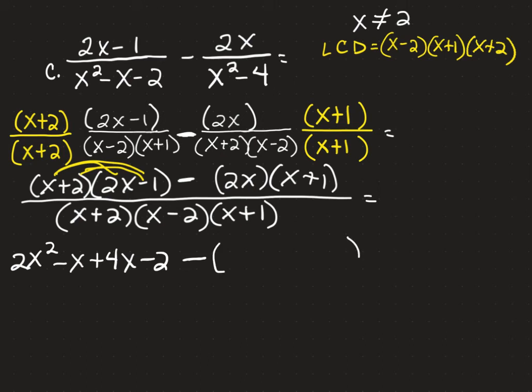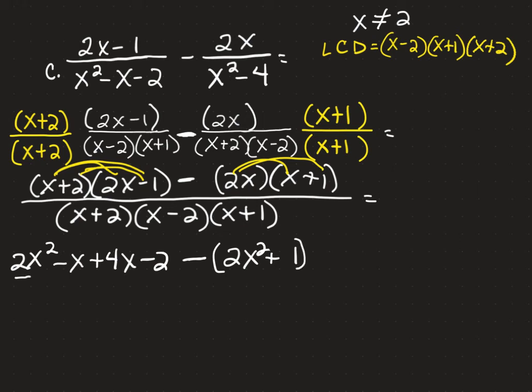So we need parentheses here still. We're going to distribute 2x to the x to give us 2x squared, and then 2x times 1 will give us a positive 1. I went a little crazy there with that 2, didn't I? There we go. 2x squared plus 1, and I can pull that parenthesis in closer.